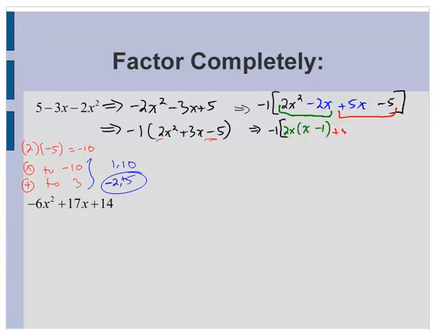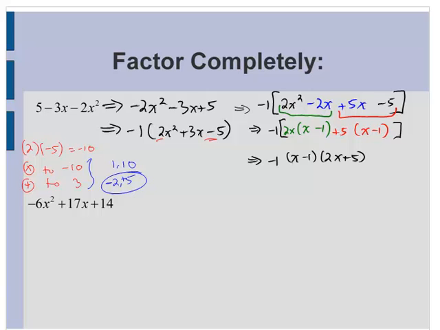And the common factor of 5x minus 5 would be plus 5 by x minus 1. And so we would have negative 1 by x minus 1 by 2x plus 5. And again, I'll remove those brackets.